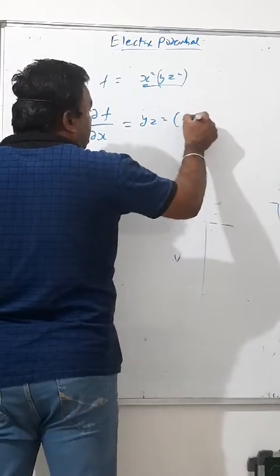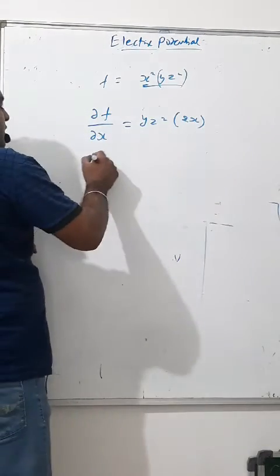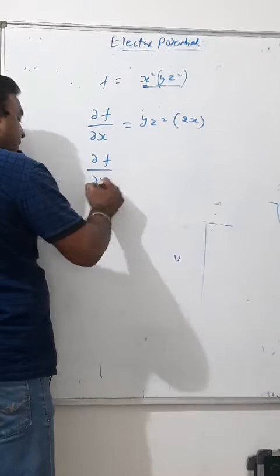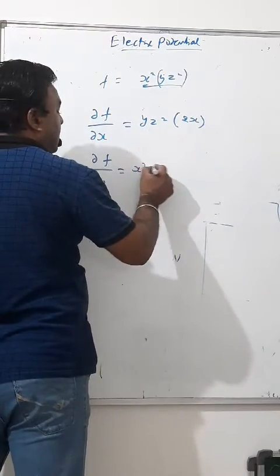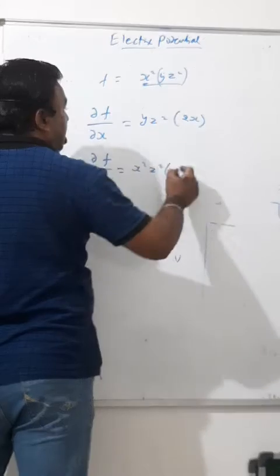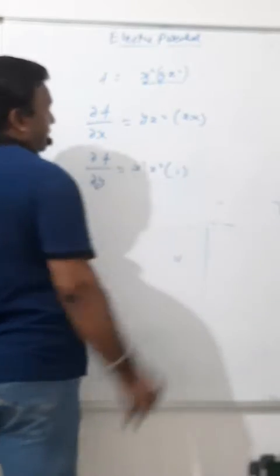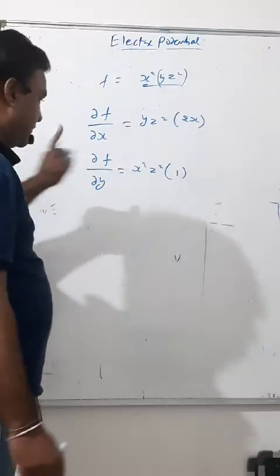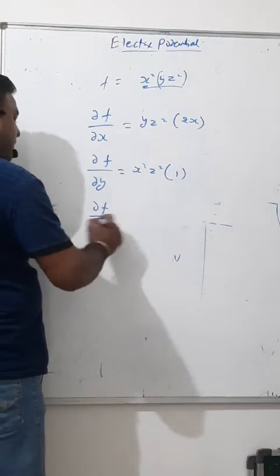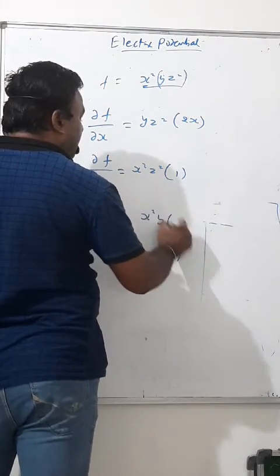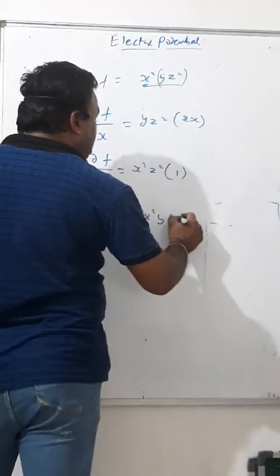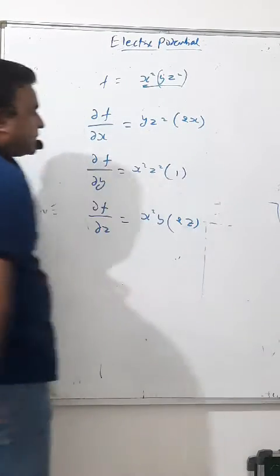Differentiation of x square is 2x. Similarly, del f by del y. Now I'll differentiate y keeping x and z constant. Differentiation of y with respect to y is 1. Del f upon del z. Keeping x and y constant, differentiating only z square, it is 2z.